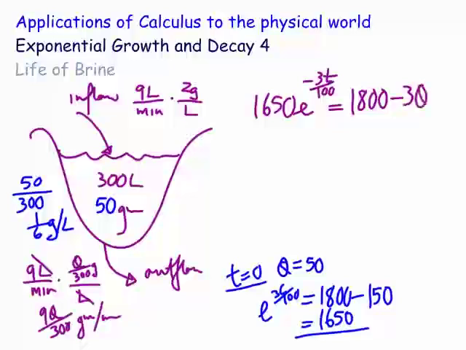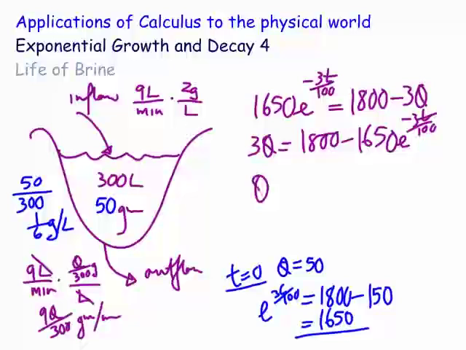Now we need to rearrange this. 3q is equal to 1800 minus 1650 e to the minus 3t on 100. Let's divide by 3. This is going to be 600, and this is going to be 1650 on 3, e to the minus 3t on 100.